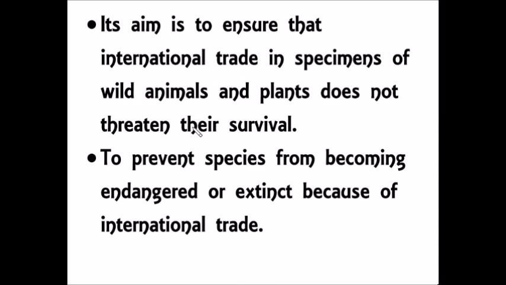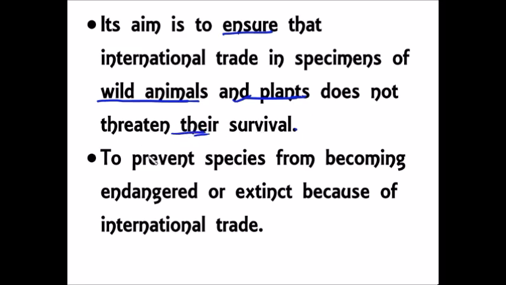The important objective of the CITES Convention is to ensure that the international trade in specimens of wild animals and plants does not threaten their survival. It means the CITES Convention does not prohibit the international trade in wild animals and plants, but it ensures that this trade does not result in their extinction.